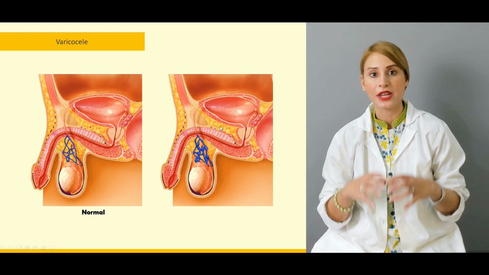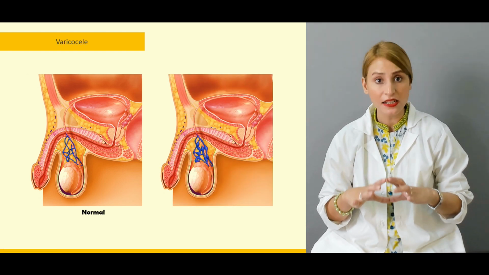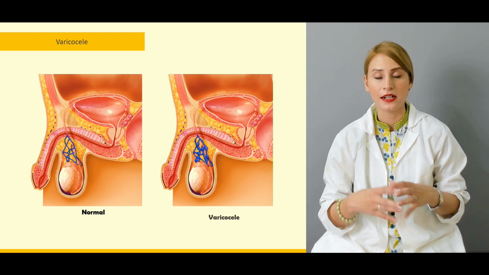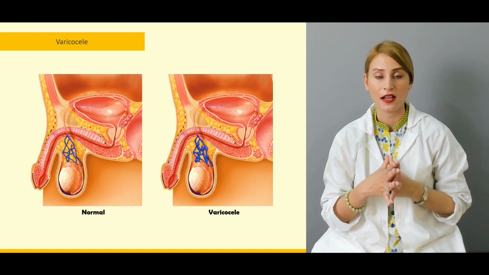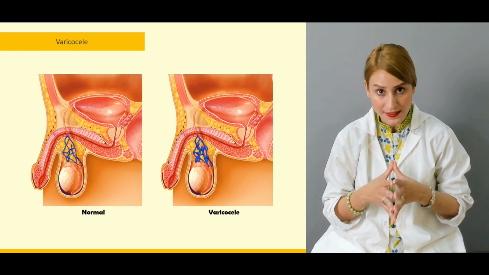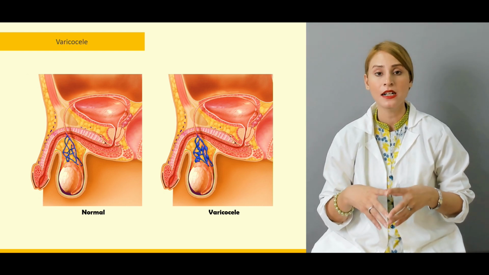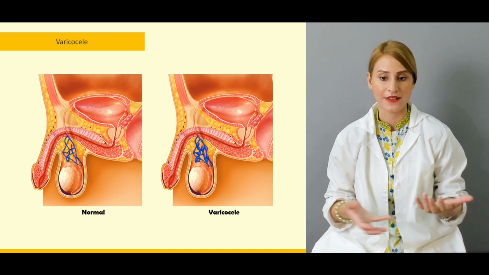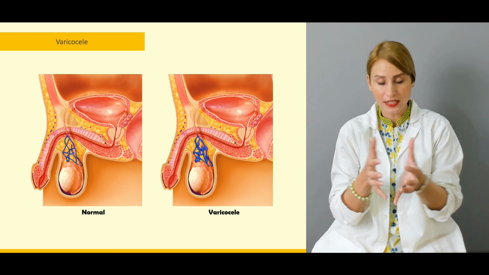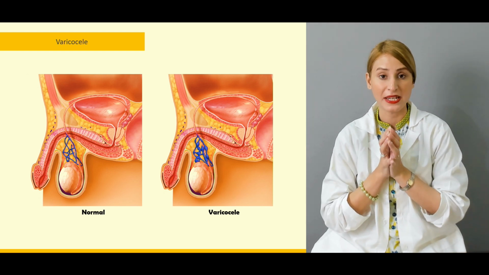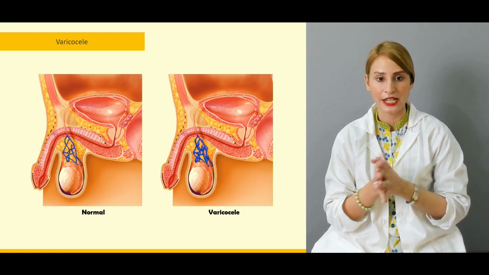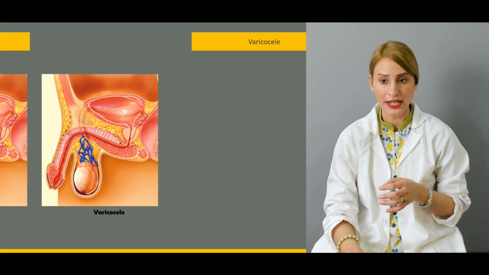And whenever these veins are dilated, they are called a varicocele. This dilatation is because of the absence of valves within the veins, or the incompetence of the valves. So they become dilated, they become tortuous, and they're called the varicocele, right?